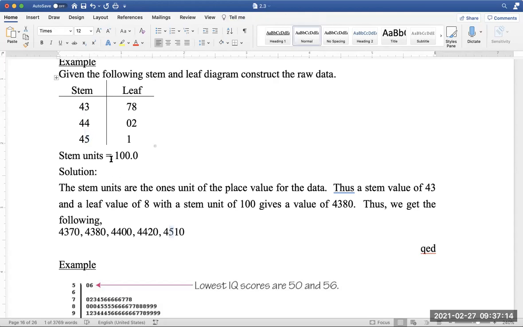I have a 4 and a 5, and then a 1. The next place value after the hundreds is the thousands, so this 4 must be in the thousands.